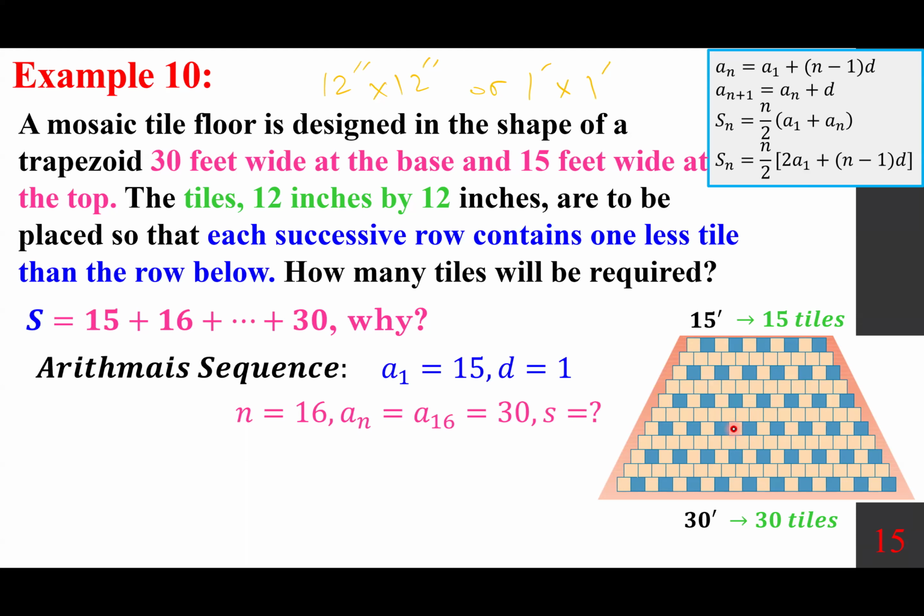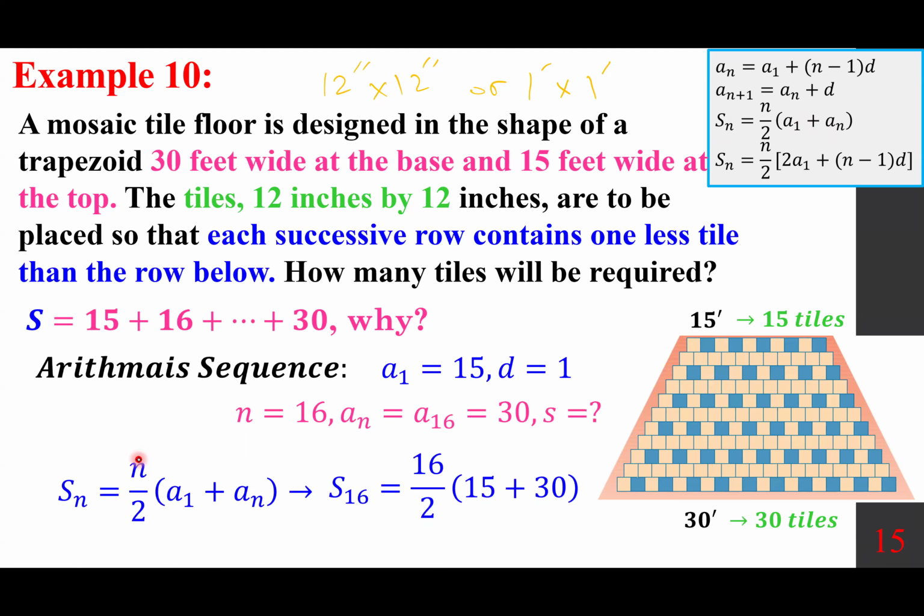All right, so we use this formula because we have the first and the last term. A sub 1 is 15, a sub n is 30, and n is 16. So this is 8 times 45.